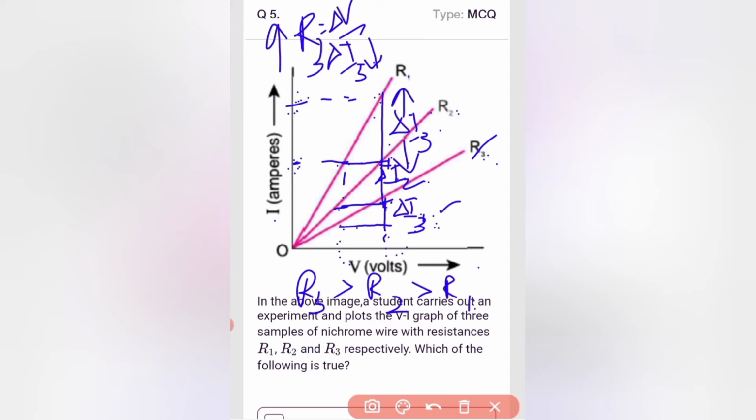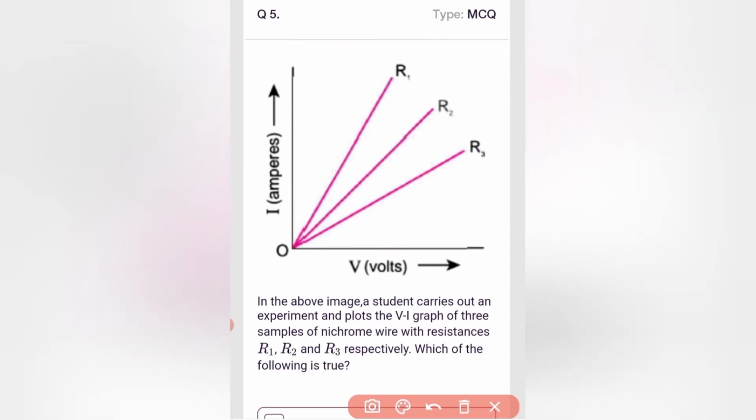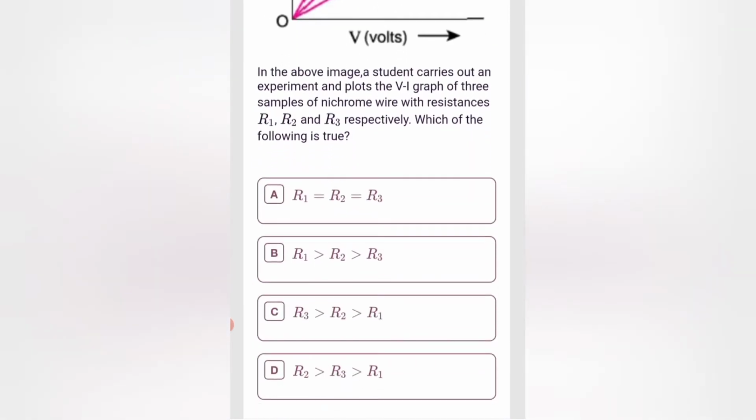So which option will be correct? Let us see. Option 1, all are equal. No. Option 2 is R1 is greater than R2 greater than R3. No. Third option, R3 is greater than R2, R2 is greater than R1. So R1 is the least, R3 is the highest, correct.